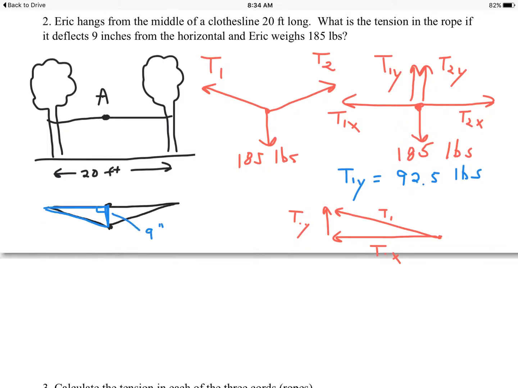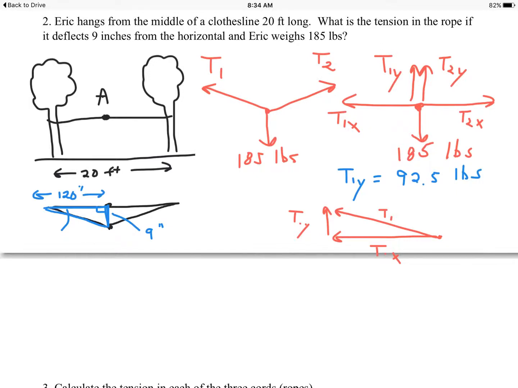That's the symbol for inches. And this top piece is 10 feet, but 10 feet is 120 inches. 120 inches. That would be the distance from there to there, half of the 20 feet. So we're looking at this blue triangle right now. And I don't care about the hypotenuse, so I could figure that out. But what I care about is this little bitty angle right there.